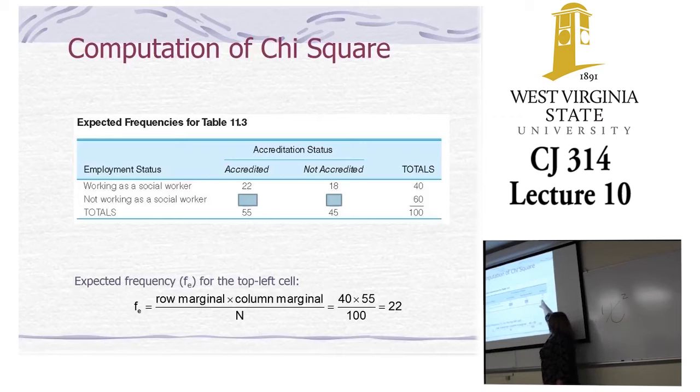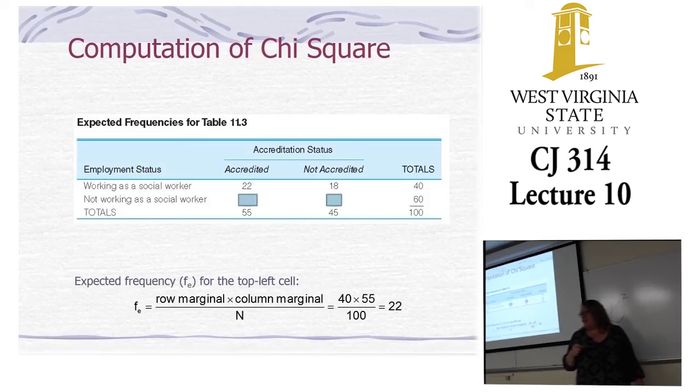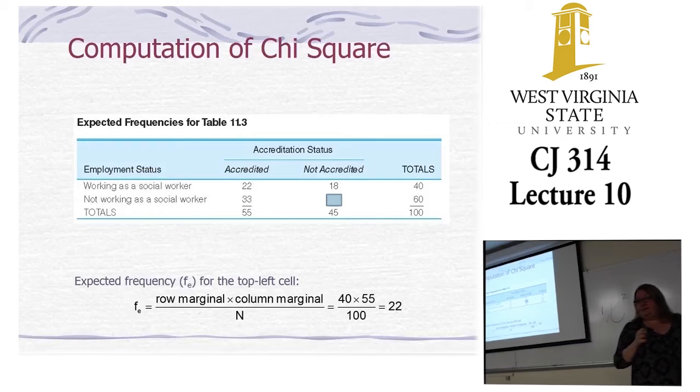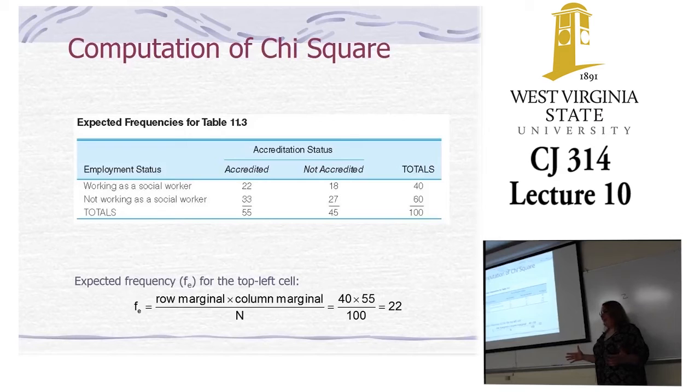Row 60 times column 55 divided by 100. What's our expected there? 33. Excellent. Last one. How many people went to a non-accredited school and are not working as a social worker? Row of 60 times column of 45 divided by 100. 27. Fantastic. That wasn't so bad, right?